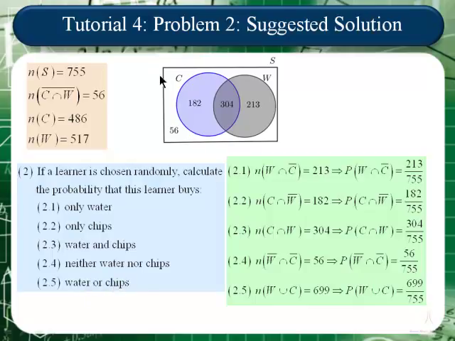Now, water or chips is the union of the two events. So it's everything with the exception of this 56. So the easiest way is simply to subtract 56 from 755. Therefore 182 plus 304 plus 213 is the same as 755 minus 56, or 699. So the probability that a learner will buy water or chips is 699 over 755.